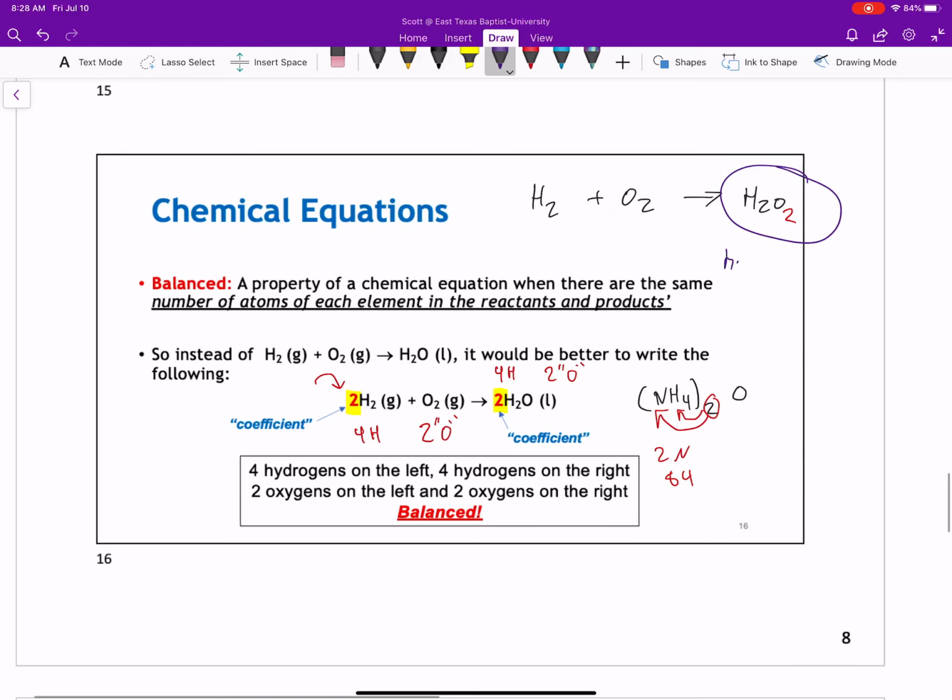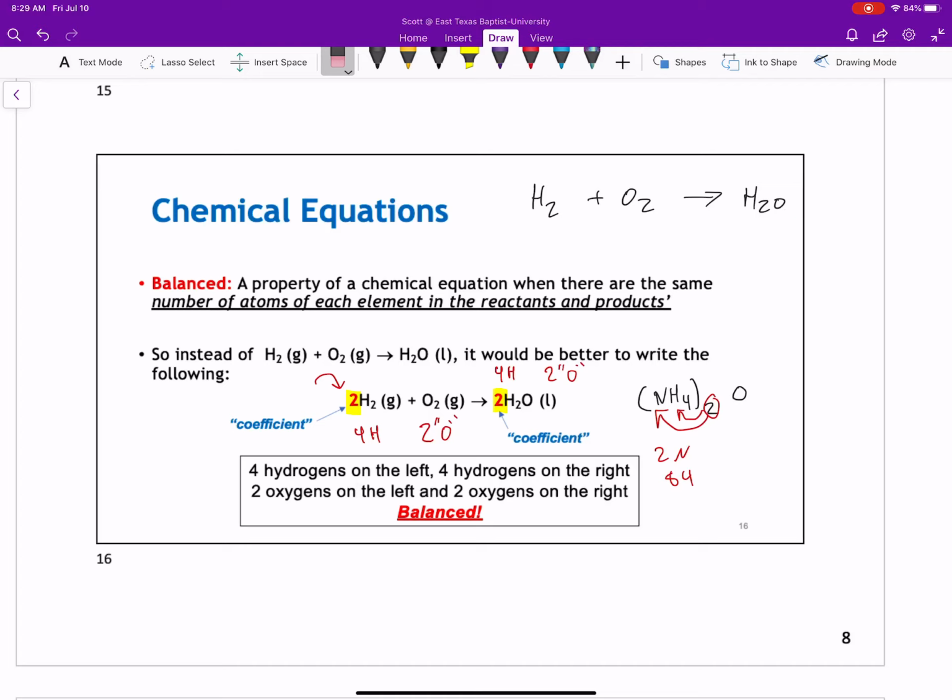H2O2 is hydrogen peroxide. And so you are not allowed to add any number as a subscript. It has to be a coefficient that occurs in front of, meaning you can form more than one of these rather than changing the actual compound's identity.